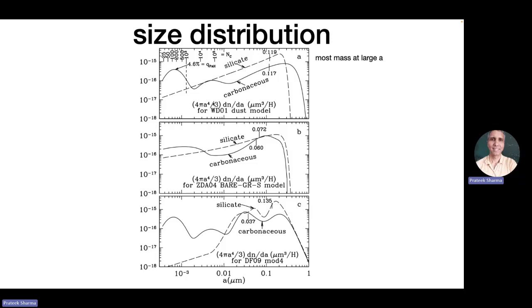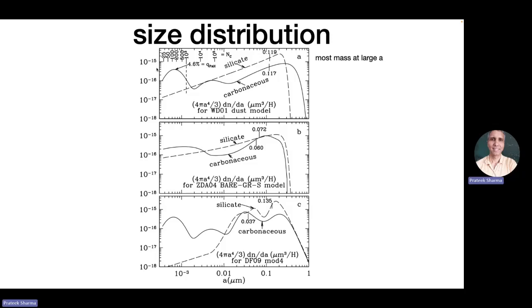So this is just the volume contained by dust grains in the range ln a to ln a plus d ln a. So basically, if you choose a logarithmic scale in the size of the dust particles, and if this is flat, then you have about equal volume in equal logarithmic bands.